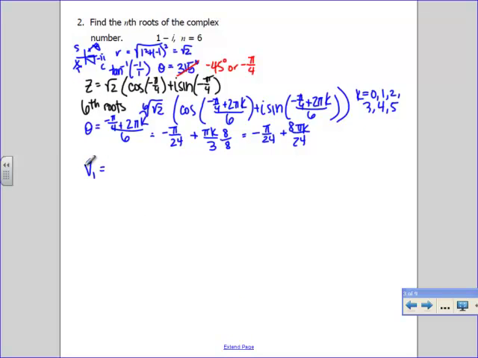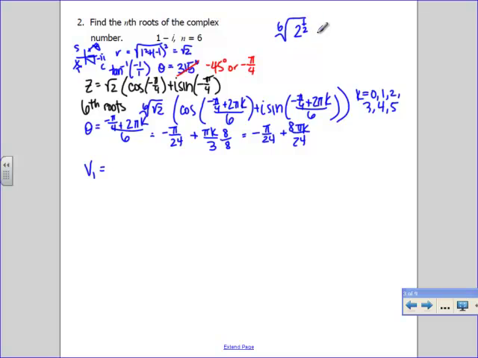So my first is going to be the 6th root of the square root. Let's just think about that really quickly here to see if we can write it any nicer. Hopefully you recall that roots can also be written as powers, and so the square root can be written as a 1/2 power. Hopefully this is coming back to you.